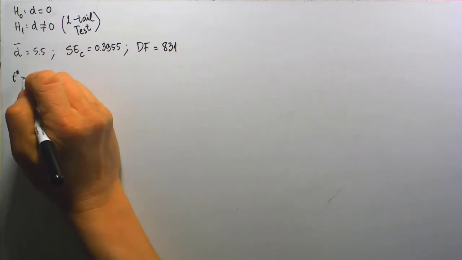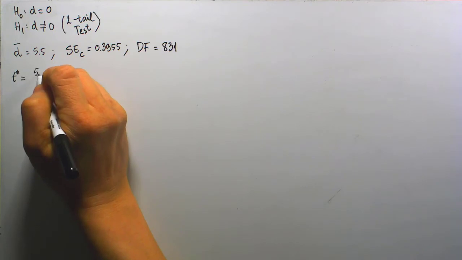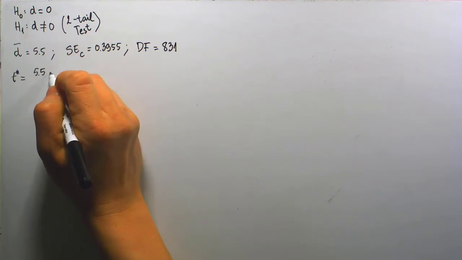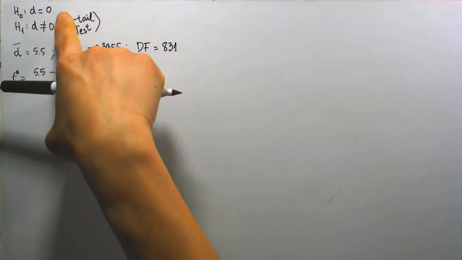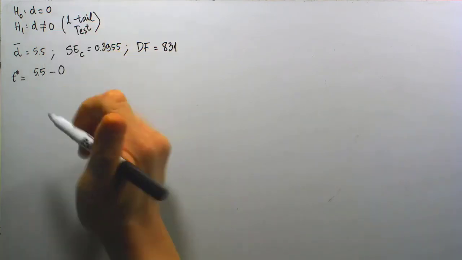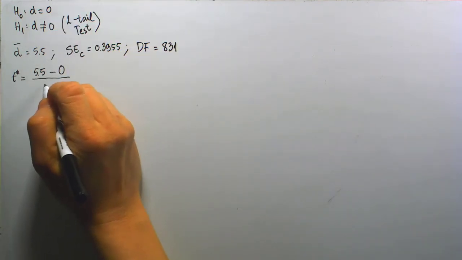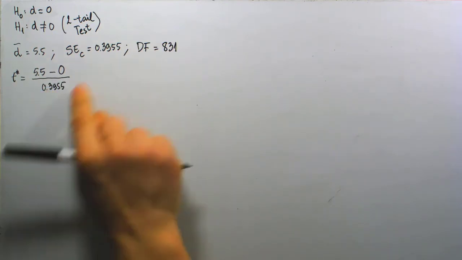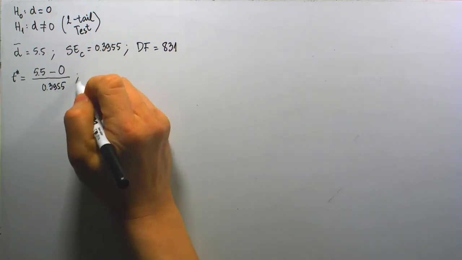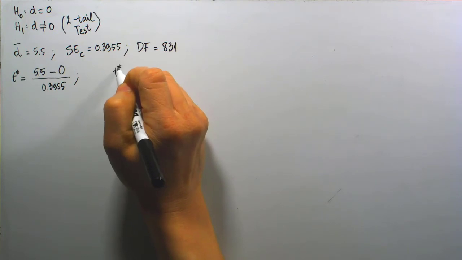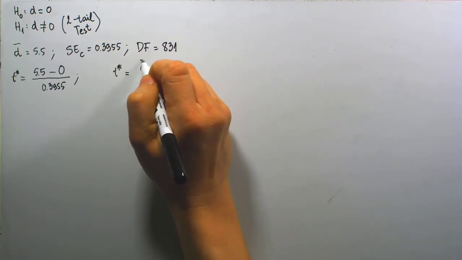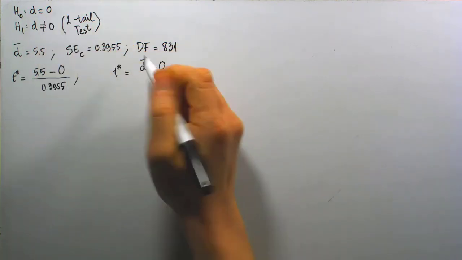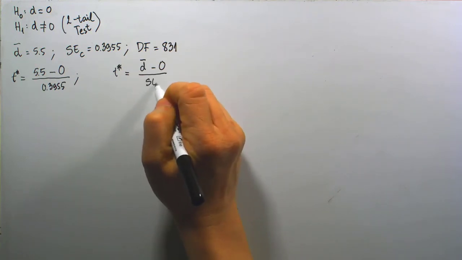So T star is calculated as the difference between 5.5, our sampling difference between the two sample means, subtract 0, the value stated in the null hypothesis, and we divide that difference by 0.3955, the SEC listed here. Just a reminder that T star is the difference between our D bar value and 0, the value stated in the null hypothesis, divided by the SEC in the denominator.